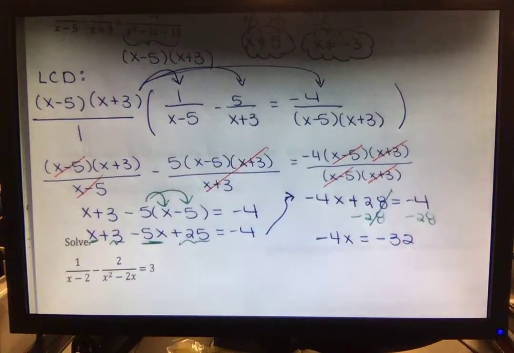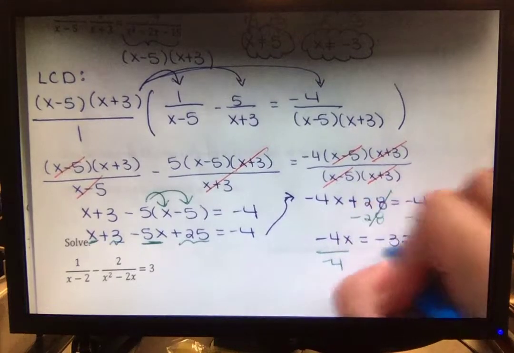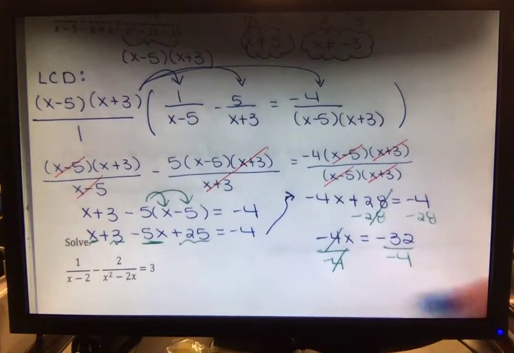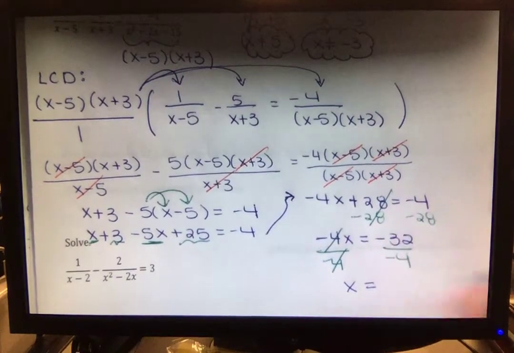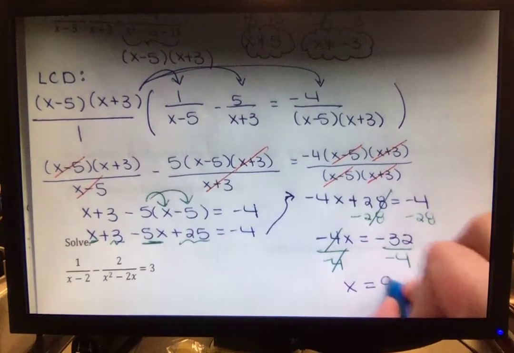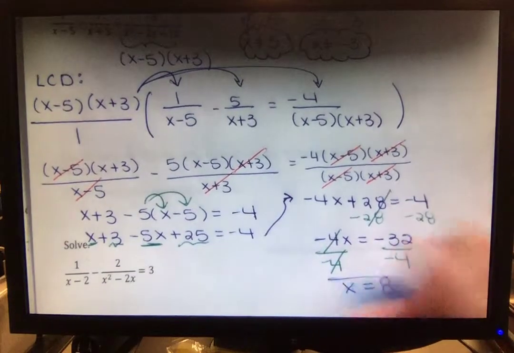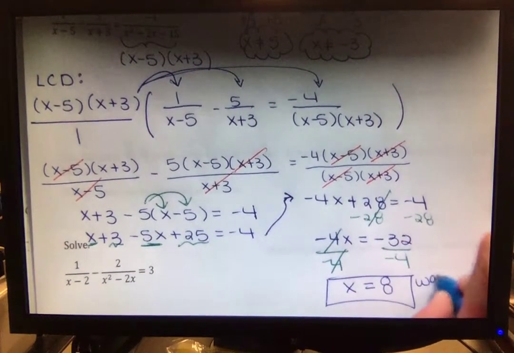Divide both sides by negative 4. We are left with x equals 8. Is it okay that x equals 8 based off our domain? Yes, it's okay. Boom, we're done with that one.